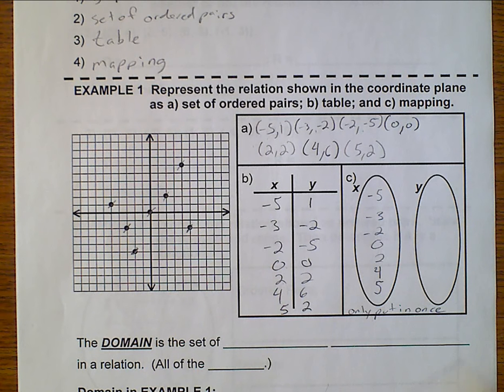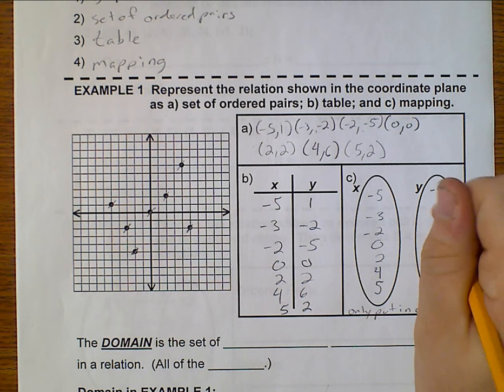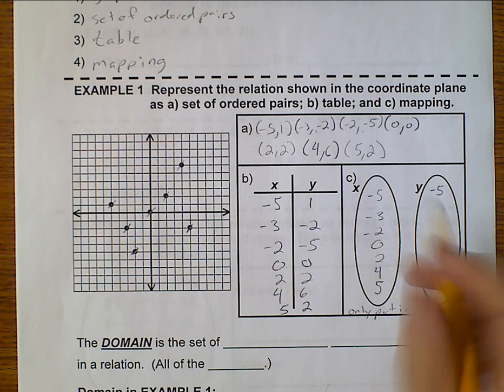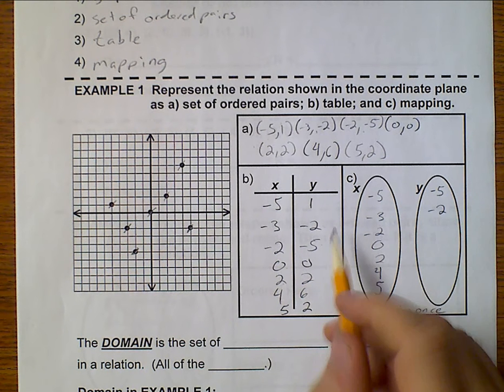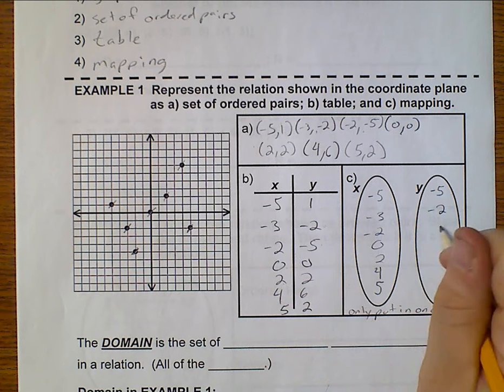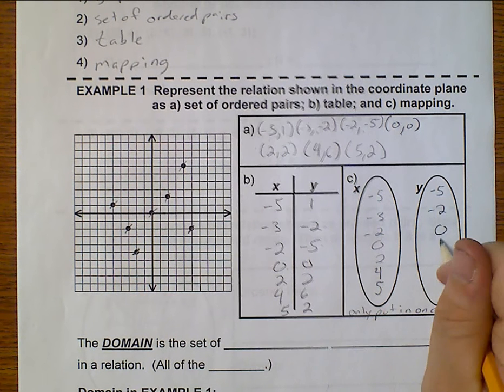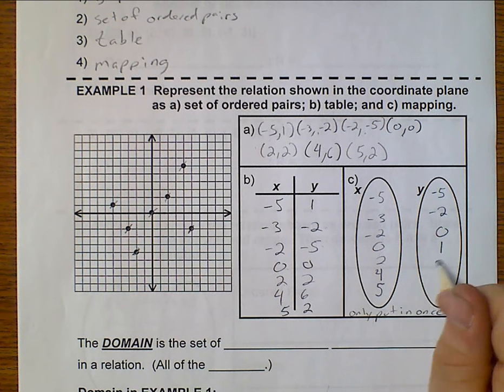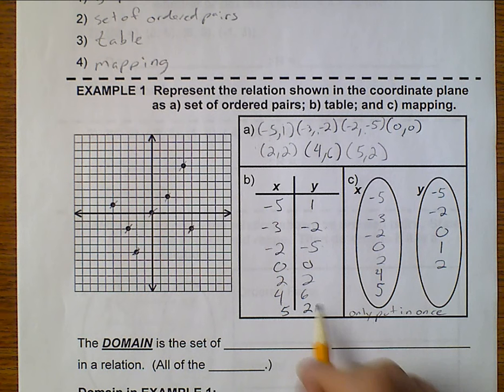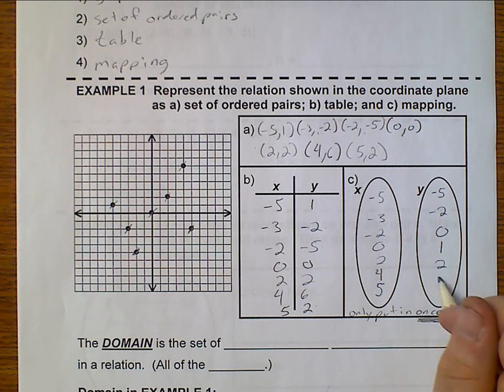None of those repeated. Now I'm going to come over here, and I'm going to put these y values in order. My negative 5 is the smallest. And then I've got a negative 2. And then I've got 0. Then I've got 1. Then I've got 2, but I've got 2 of them. I only put it in once. And then I have 6.